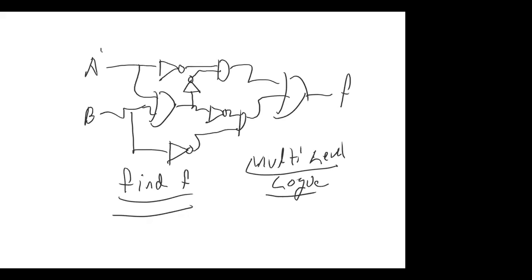What happens, Eric, after A passes through the inverter? What do we get? A prime. Yeah, so that's A prime. That's good. And then what happens after A and B pass through this little OR gate? Right here, what do we get?